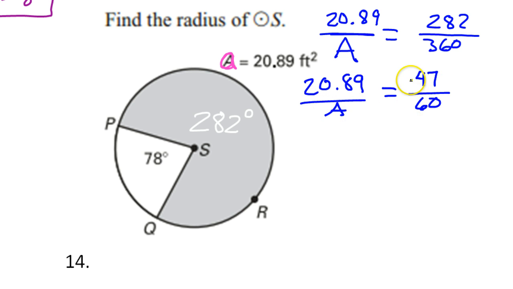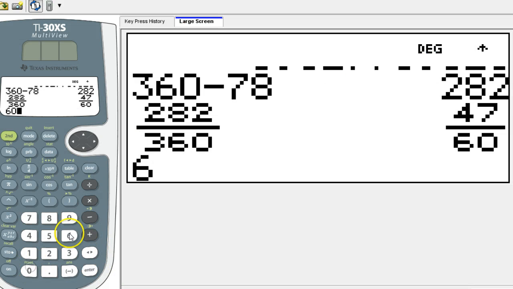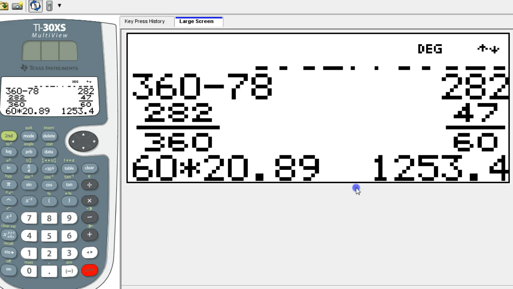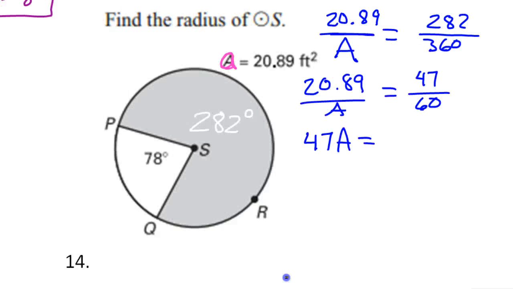Okay, so if I cross multiply, that's going to give me 47 times the total area, 60 times 20.89, which is 1,253.4.